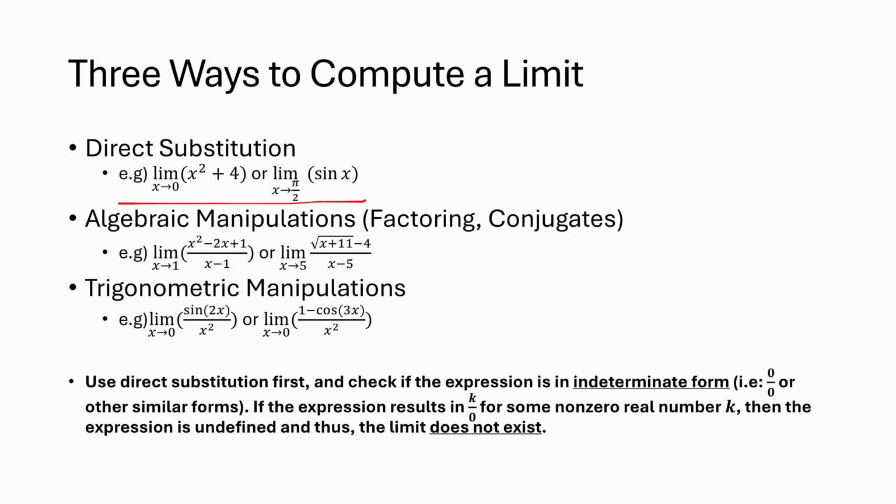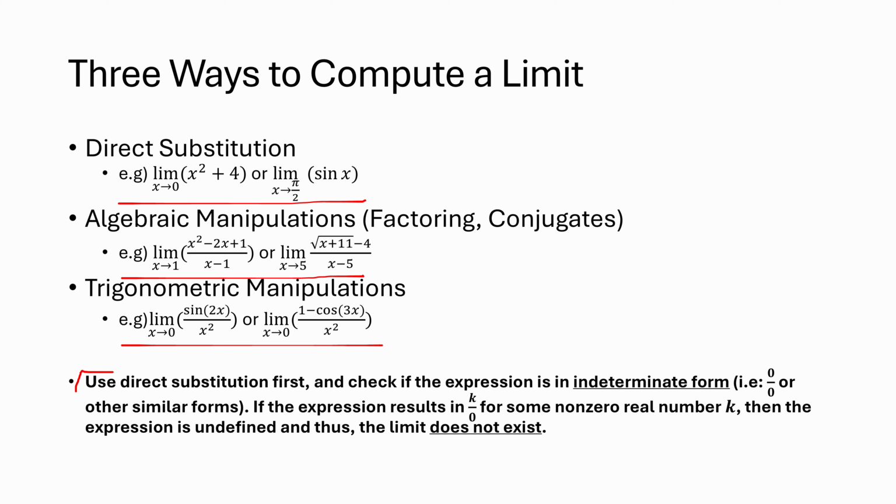One example is the limit as x goes to 1 of x squared minus 2x plus 1, everything over x minus 1. Or the limit as x goes to 5 of square root of x plus 11 minus 4, over x minus 5. And the third way is to use trigonometric manipulations, in which you use trigonometric identities such as double angle, triple angle, half angle identities. So for example, the limit as x goes to 0 of sine of 2x over x squared, or the limit as x goes to 0 of 1 minus cosine 3x over x squared.